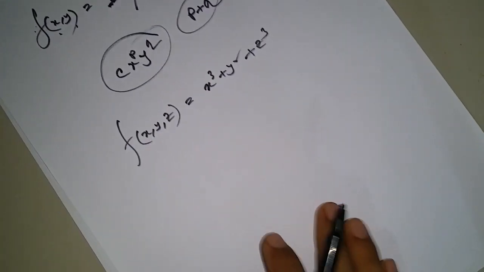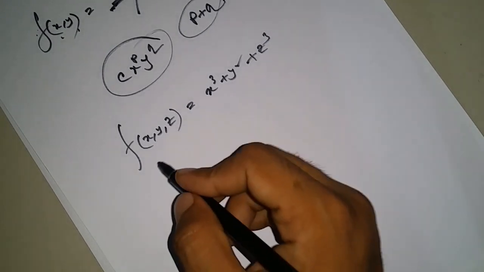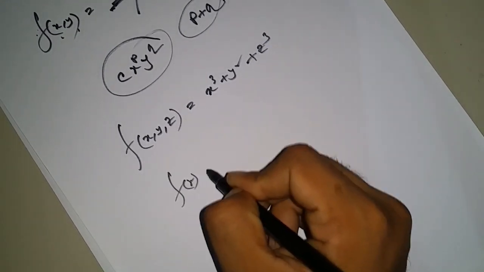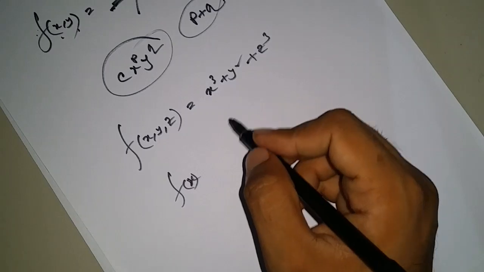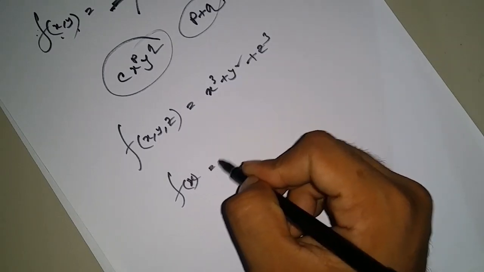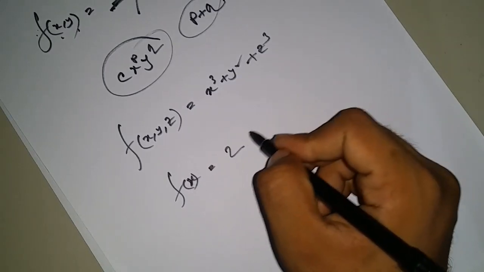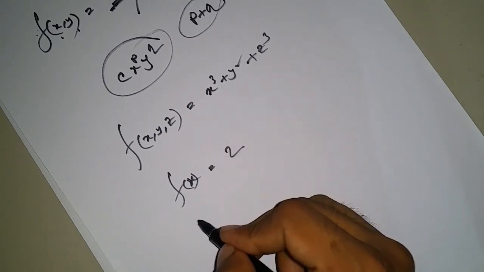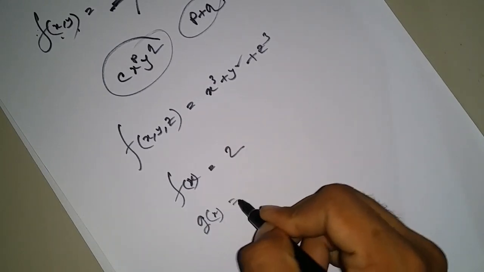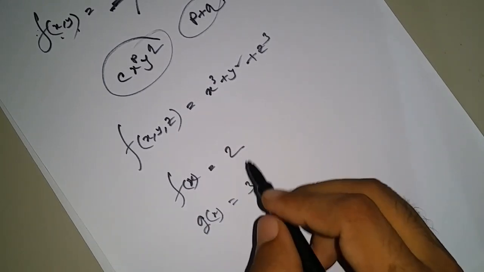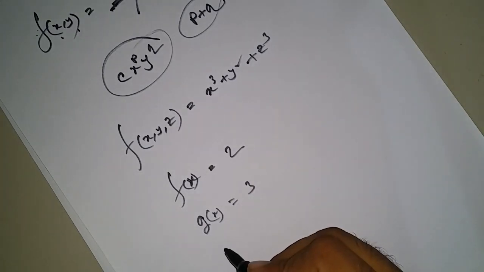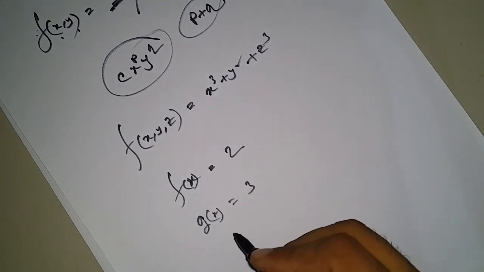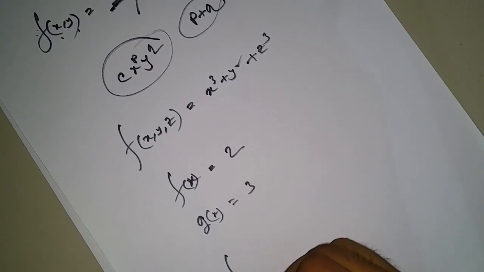Now the product of polynomials. If f of x is a polynomial of degree 2 and g of x is a polynomial of degree 3, then their multiplication is also a polynomial.